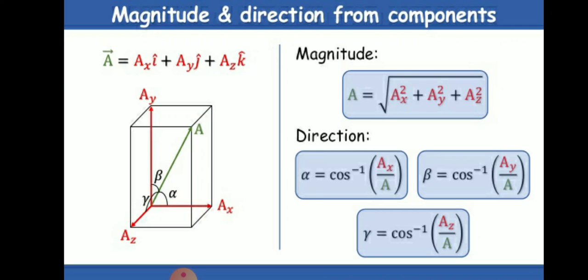Its direction is given by cos alpha, cos beta and cos gamma. Alpha is equal to cos inverse of Ax by A. Beta is equal to cos inverse of Ay by A. Gamma is equal to cos inverse of Az by A.